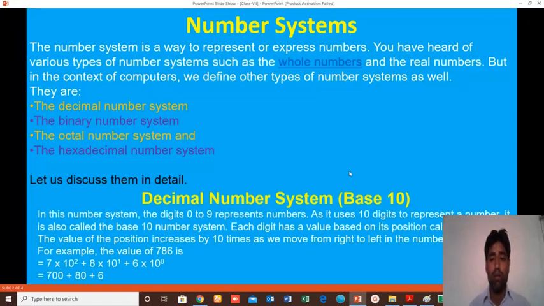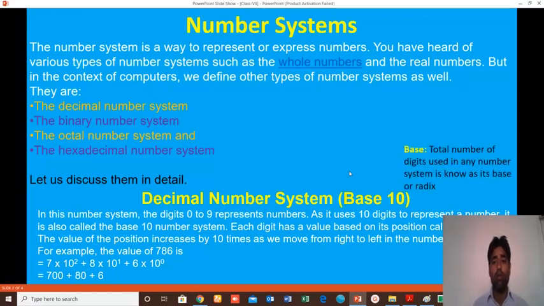Actually, a number system having base 10 is known as the decimal number system. So what is a base? What do you mean by base? Actually, the base is the total number of digits used in any kind of number system, known as its base, or you can say radix. In the decimal number system, we generally use digits from 0 to 9.